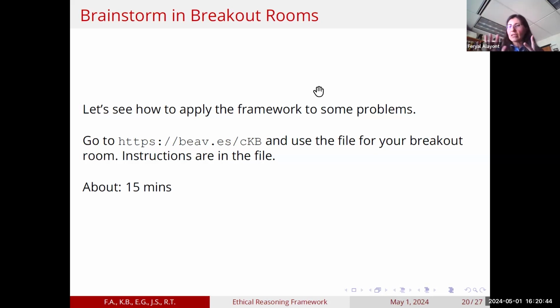Just to clarify, there's no need to solve the math. We're only asking you to add ethical reasoning prompts relevant to your context and your students' context that you might be thinking about. And we'll ask you to come back and share what you've done in the group.